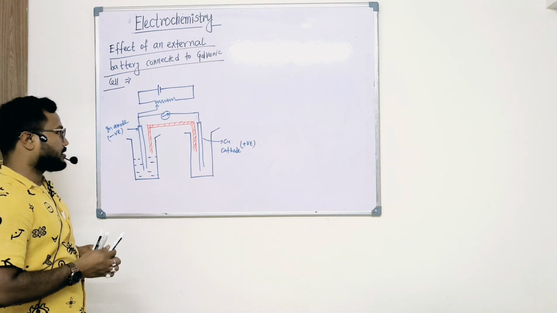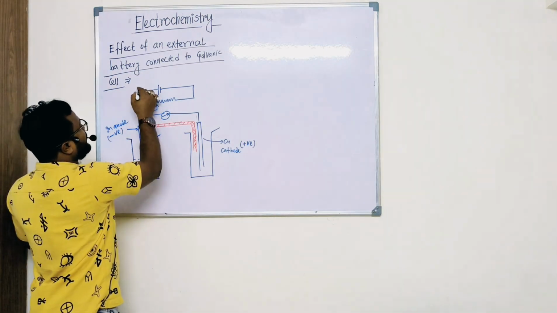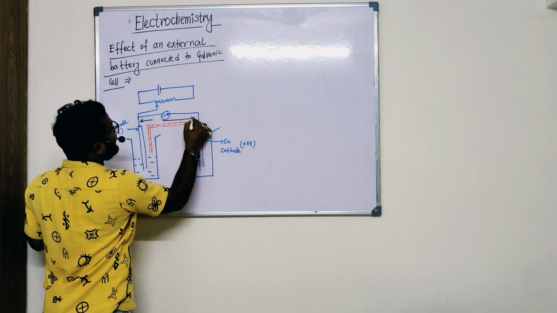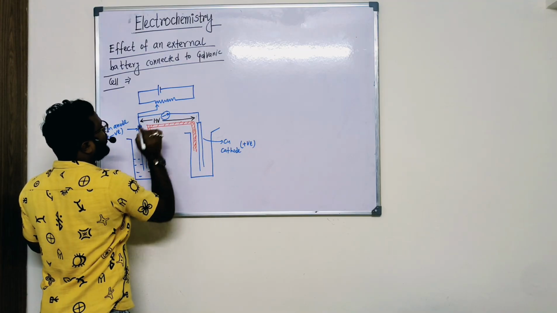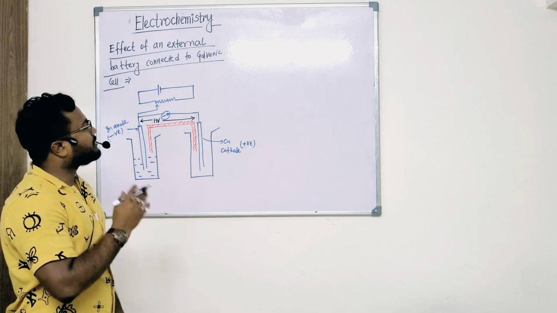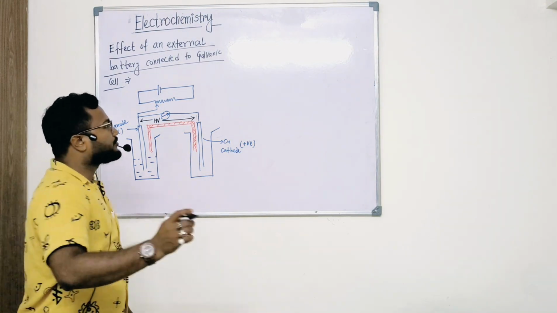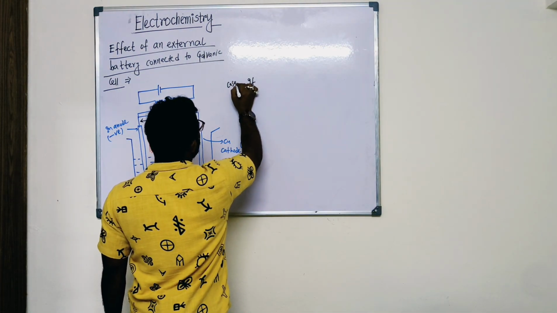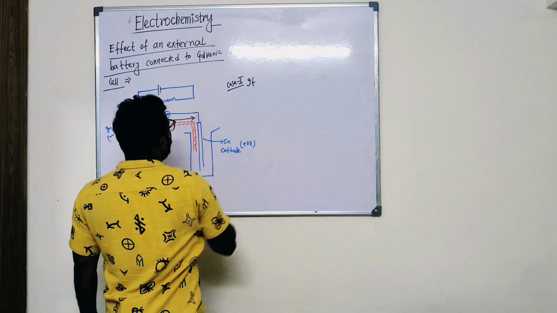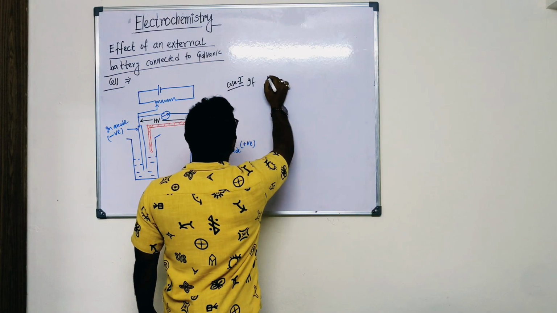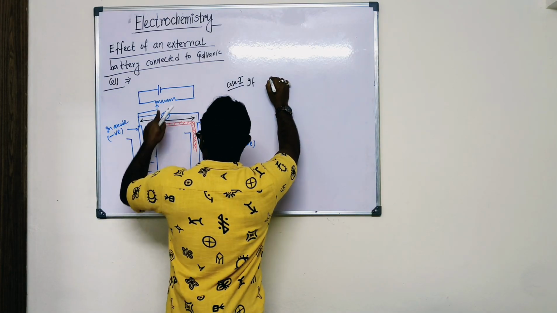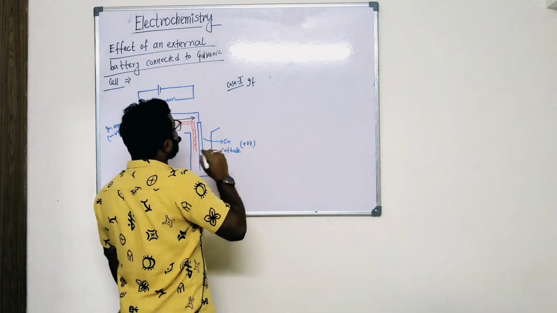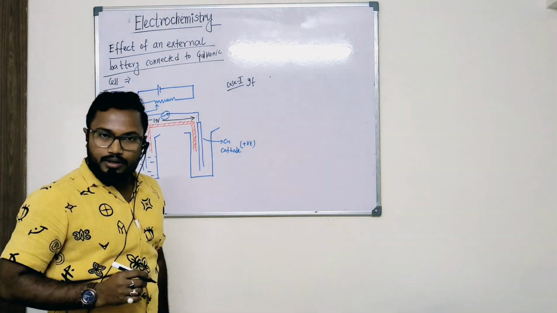Let us consider this potential difference. Generally we consider that between these two cells the potential difference is 1.1 volt. So there may be three conditions possible. Case 1, the potential difference for this rheostat is equal to 1.1.